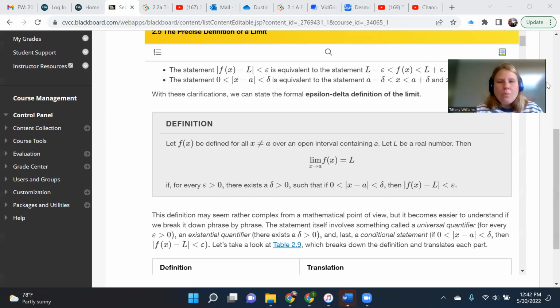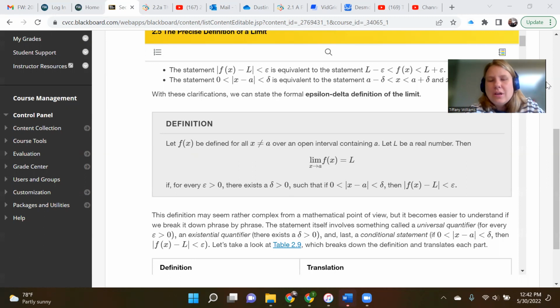So what we're actually going to be doing in these next two examples is applying this to the second part of this rule, the for every epsilon greater than 0. A couple of things that we want to make sure we are paying attention to here. Please notice the x minus a comes from whatever variable you are plugging in for f of whatever.